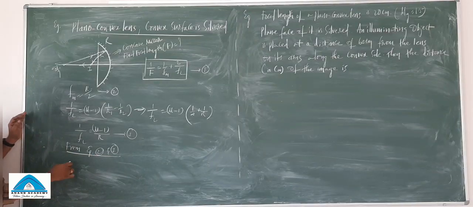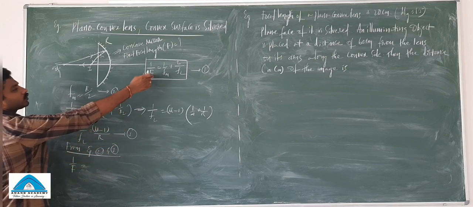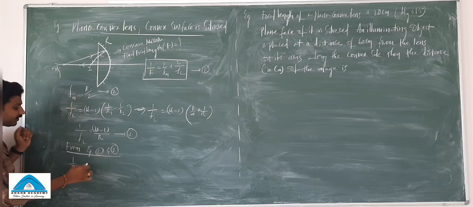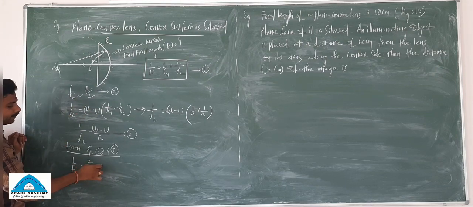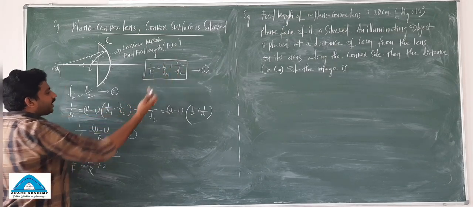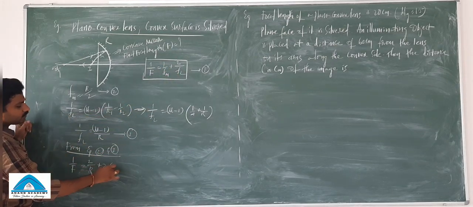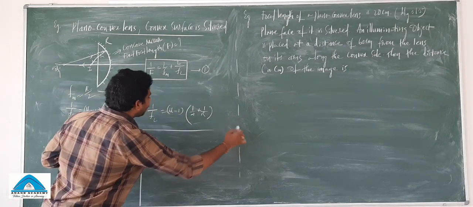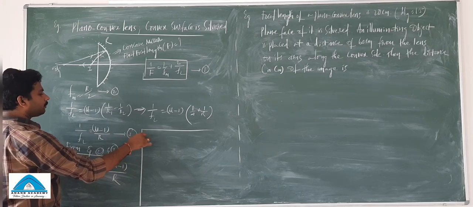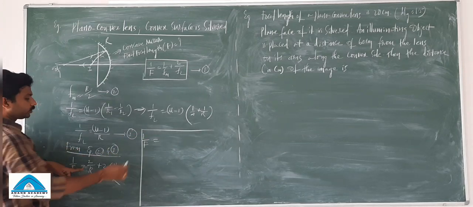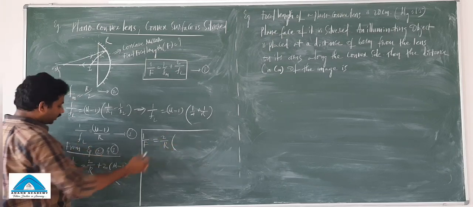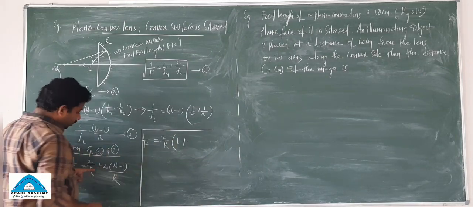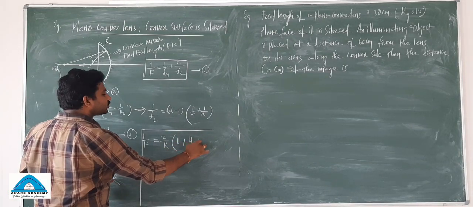So what I can write, 1 by F is equal to 1 by F_m plus 2 into 1 by F_L. Your F_m is R by 2, so 1 by F_m will be 2 by R. And 1 by F_L is (mu minus 1) by R. So 1 by net focal length is equal to 2 by R. If I take 2 by R common, 1 remains plus (mu minus 1).